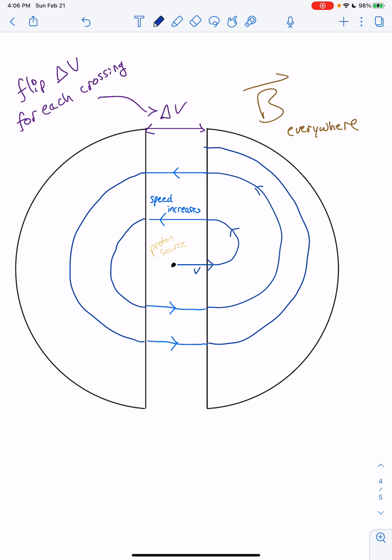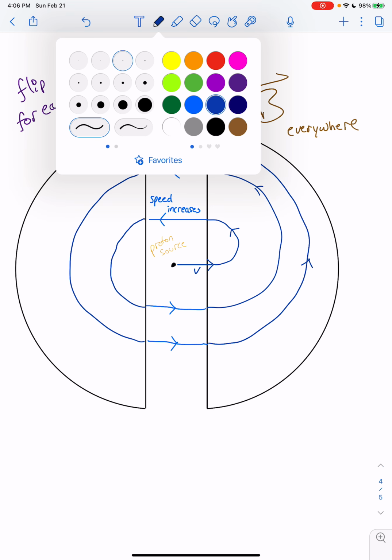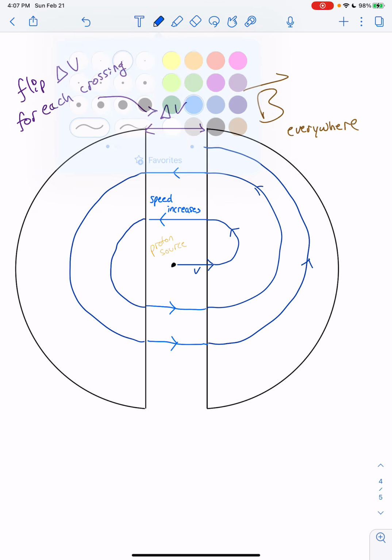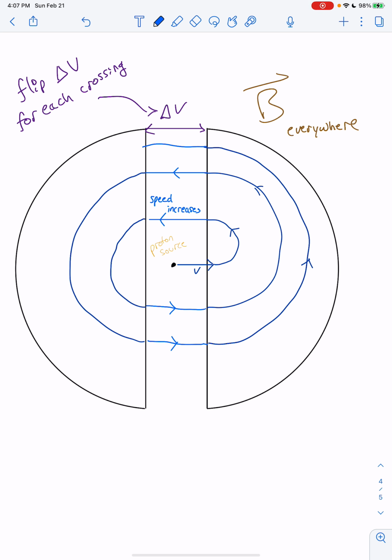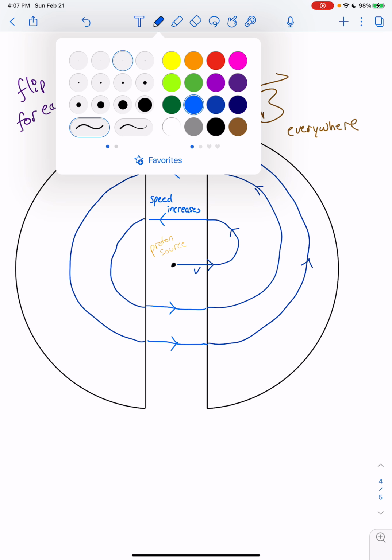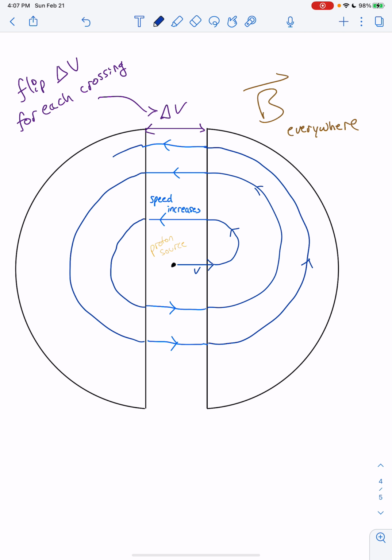And so what you're able to do is accelerate a particle in a very compact, very efficient way. So you're able to get a huge acceleration in a reasonably sized space. So this is a very efficient way to create a beam that is a high energy or high velocity beam.